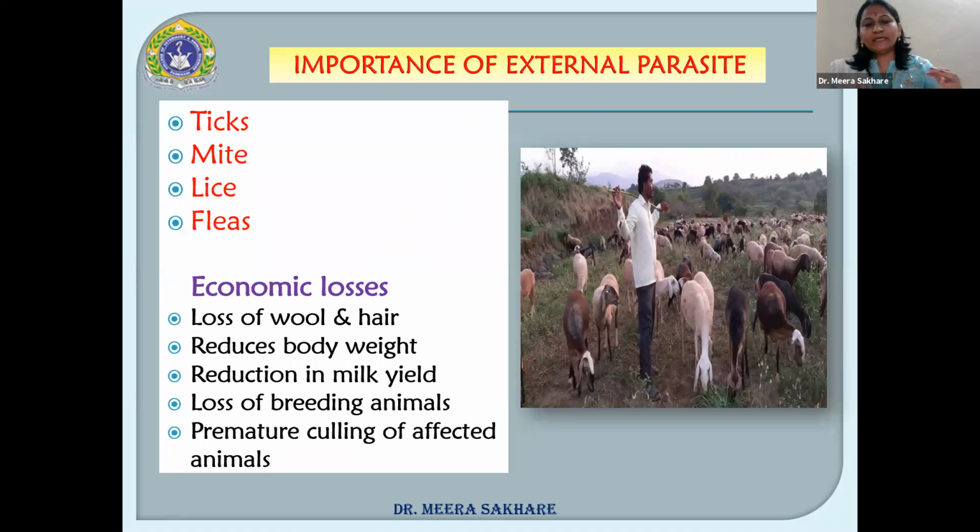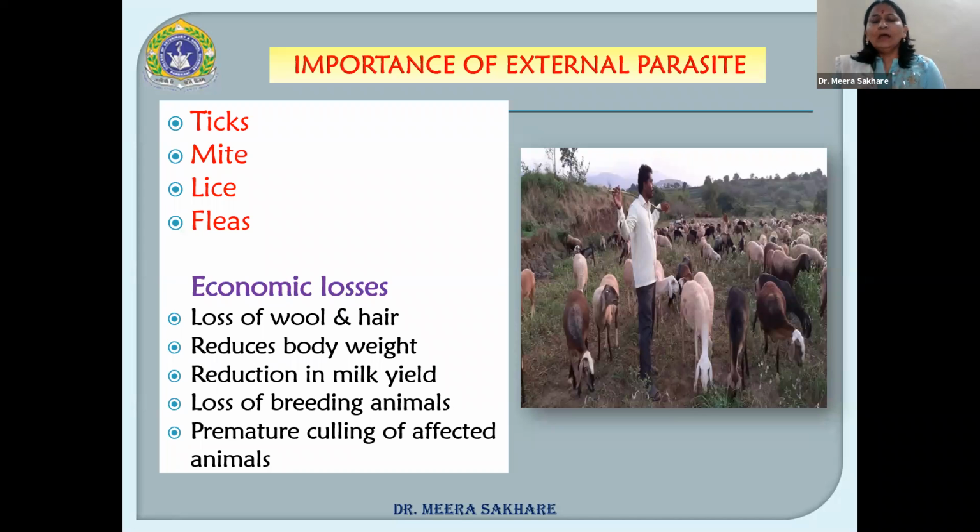And that hide and skin have less value in the market. Whenever we go for the purchase or selling of an animal, the market price of such an animal is typically reduced. Because any animal owner or person purchases the animal by looking at the physical or general visual appearance of the body coat of the animal. So if any animal has a skin lesion, automatically the market value of such an animal is reduced.